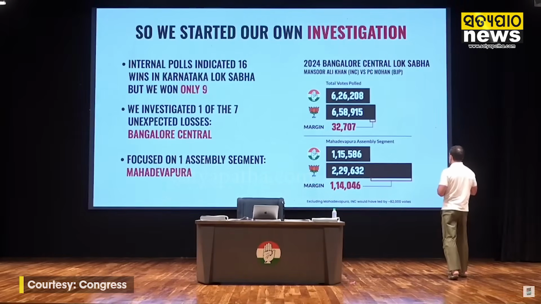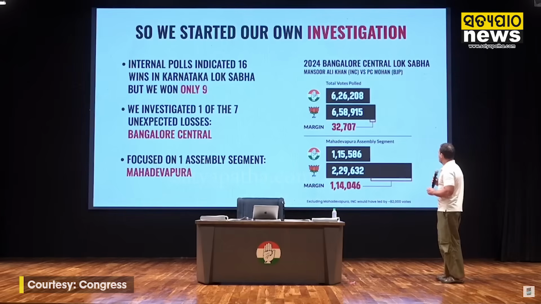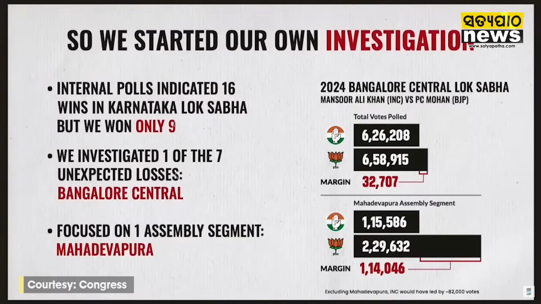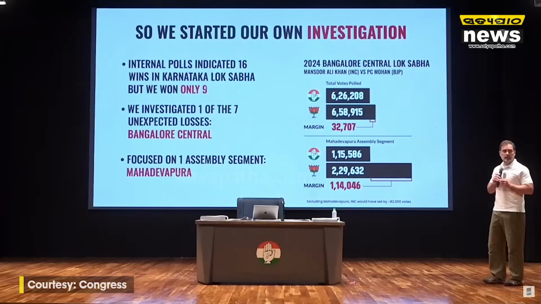2024, total votes polled, 6.26 lakhs in the Lok Sabha. BJP wins with 658,915 with a margin of 32,707. But then, the interesting thing, we look at the Mahadevapura assembly segment.